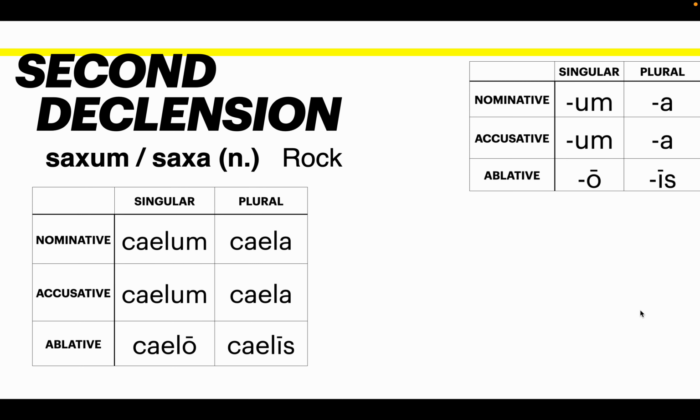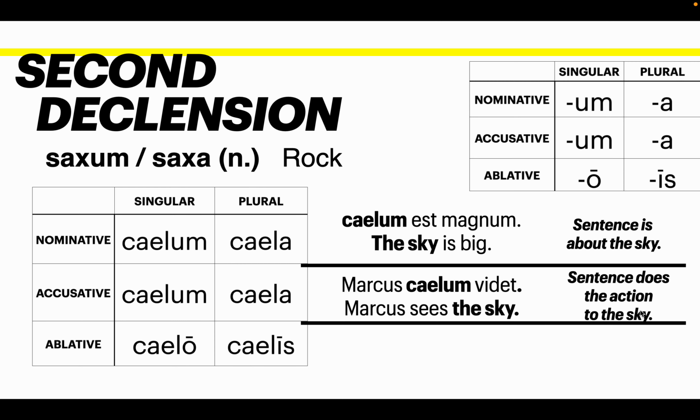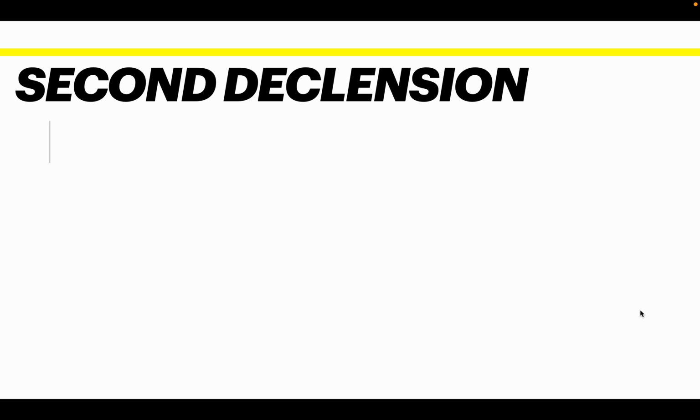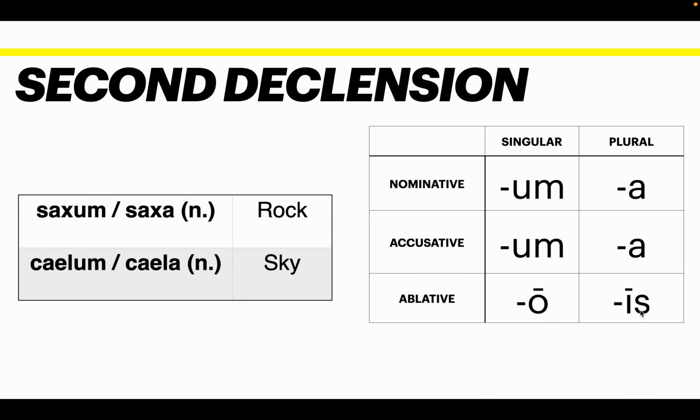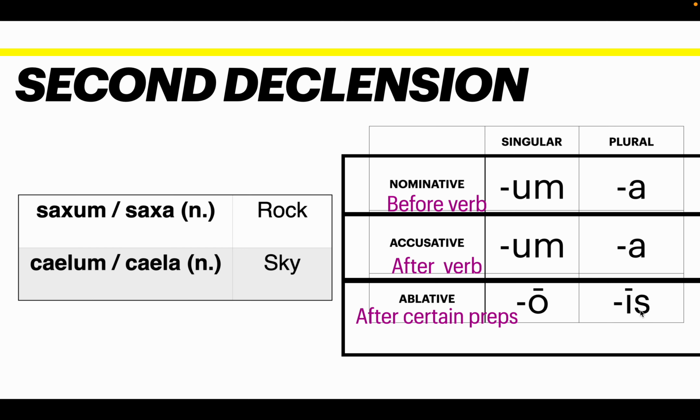You're going to see how it's all put together with the um and the a. So kylum after the verb and as a preposition. All right, and so just to quickly recap, words like templum, monstrum, these are also neuter words. These are the endings we are going to use to represent them before the verb, after the verb, after certain prepositions, or by, with, in, from.